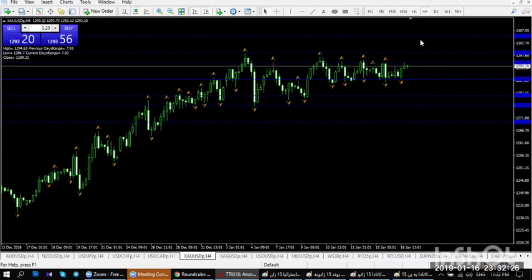And if you remember in the past, in the analyses that I would put in the group, I would tell them that the price is going to hit this point, and I would say that based on the pivots.